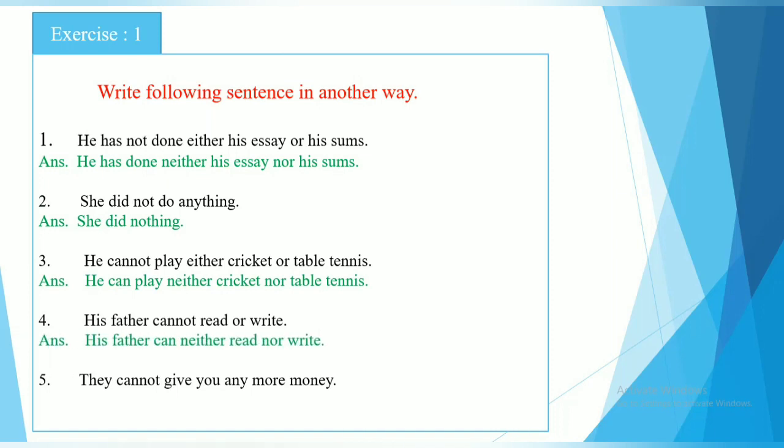Answer is, his father can neither read nor write. Number 5. They cannot give you any more money. Answer is, they can give you no more money.